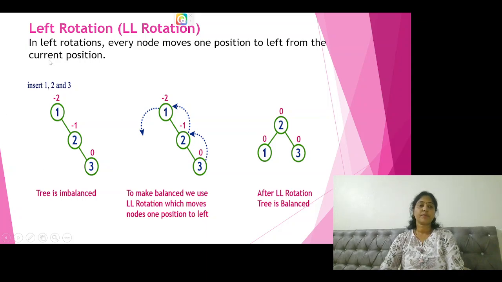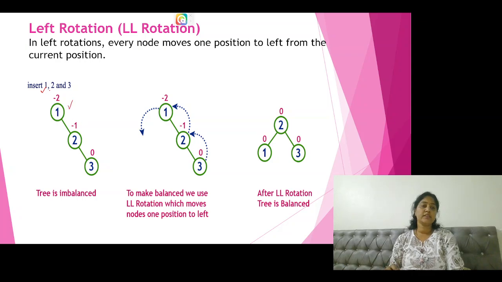Let's say in left rotation, every node moves one position to the left of the current position. So let's say you are inserting the elements 1, 2, 3. First we'll consider 1 as the root node. Whenever you insert, the first node will act as the root node.